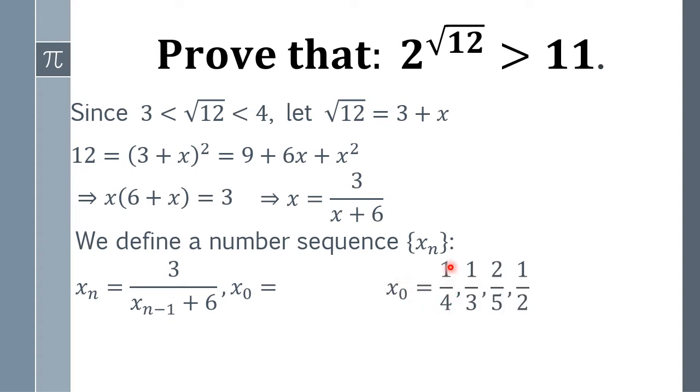For example, 1 over 4, 1 over 3, 2 over 5, or 1 over 2, depending on how close this number is to the integer. Since 12 is almost in the middle between 3 squared and 4 squared, we will give 1 over 2 a try.